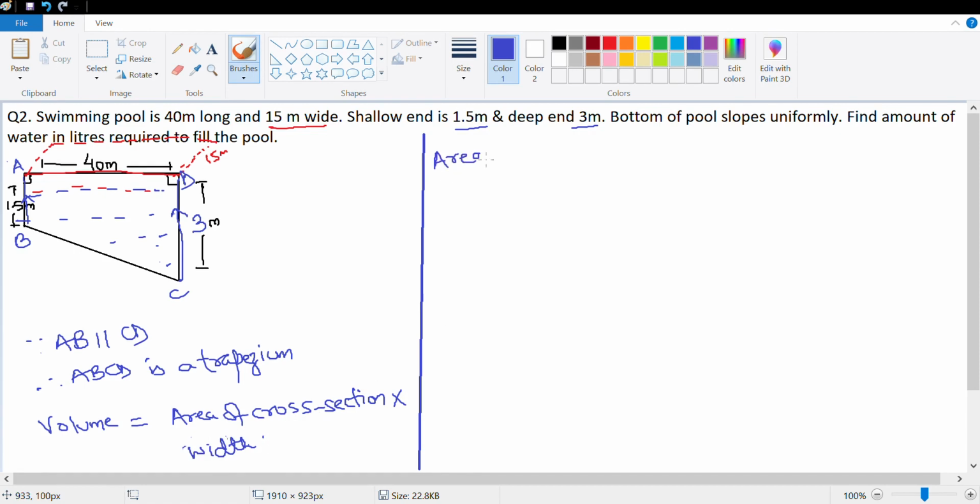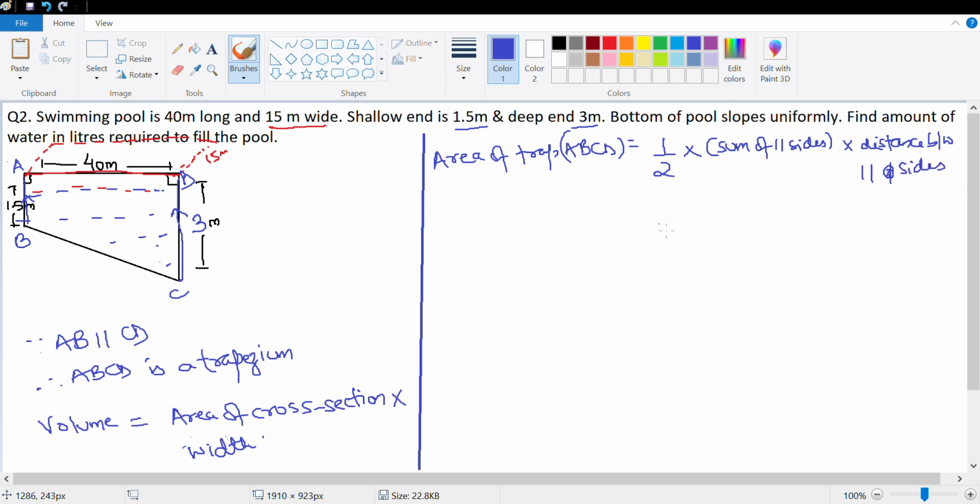So area of trapezium ABCD will be given by the formula half into sum of parallel sides multiplied with distance between parallel sides. Yeah, distance between parallel sides, also known as the height of this trapezium. So in this case, this is 1 by 2 multiplied with 1.5 plus 3 multiplied with 40. This is 1 to 20.